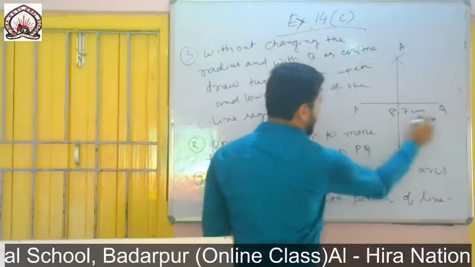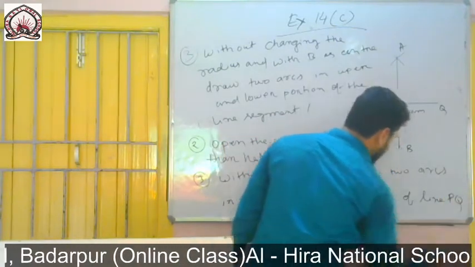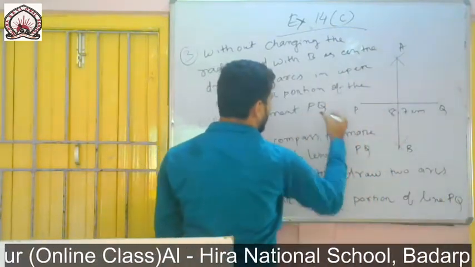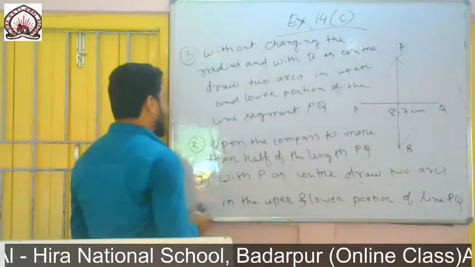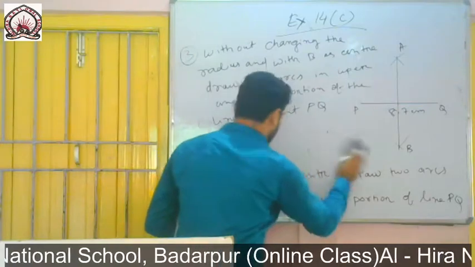I have taken PQ here, so you write PQ. Here also PQ. Now you see both the arcs cut each other.